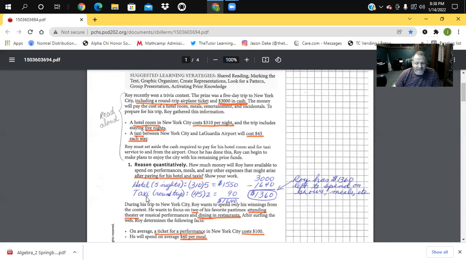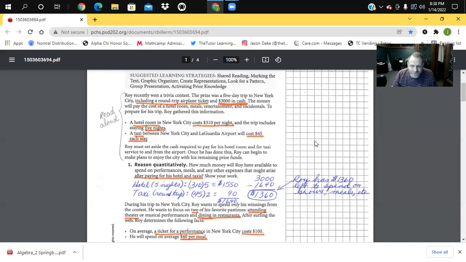All right, so his taxi round trip, $45 is the cost each way. 45 times 2, because it's each way, gives us 90. So if we add $1,550, the cost of the nights of stay, and 90, the cost of the taxis each way, 1,550 plus 90 equals 1,640.